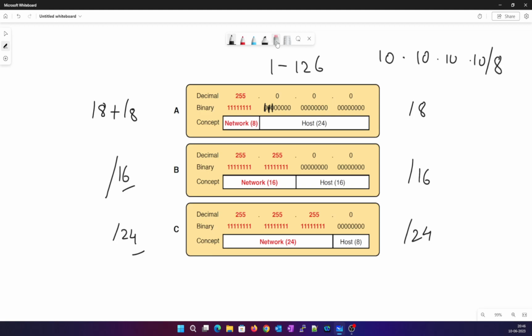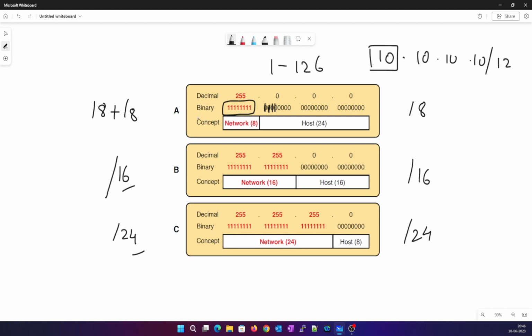But what if I write the address mask as slash 12? Meaning I have 8 bits here, but I also use another 4 bits from the second octet. My first octet is of class A, but the address mask is not of class A. It also includes a few bits from the second octet.